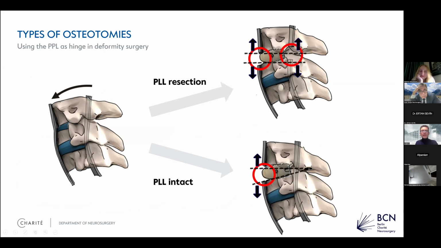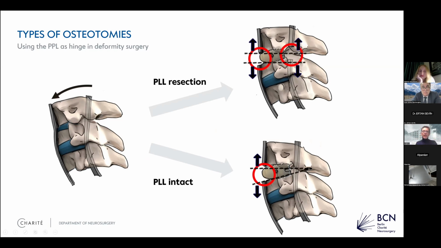But if you do that and if you insert the cage, you usually only elevate. You will not so much relordose. It's usually an elevation. You open up the neuroforaminal stenosis, but if you are aiming at a good lordosis of your segment, you might leave the posterior ligament intact, which then might act as a hinge, and then you open it up.